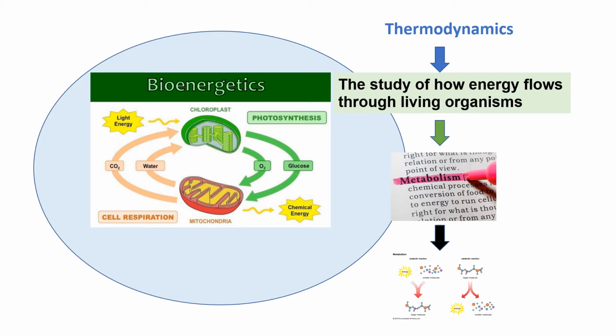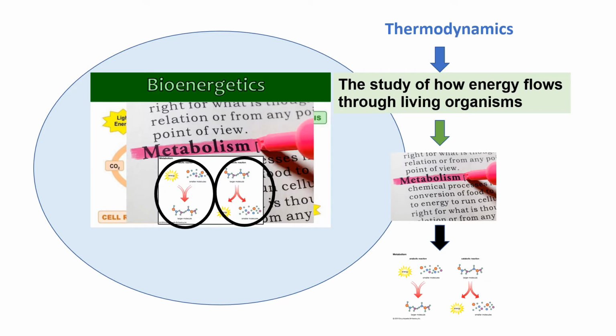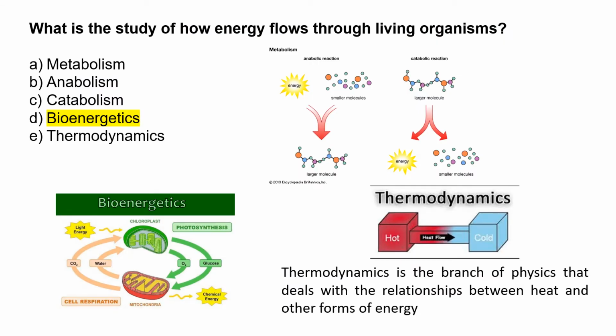Thermodynamics will be the most general, and inside of thermodynamics you have a specific area that is bioenergetics, which is only for biological systems, and bioenergetics studies the metabolism, and there are two types of metabolism: catabolic reaction and anabolic reaction. So although those terms are connected, they are different. And inside of the metabolism, you will have the catabolic and anabolic reactions. Okay, so hopefully this is clear. The answer definitely is bioenergetics.